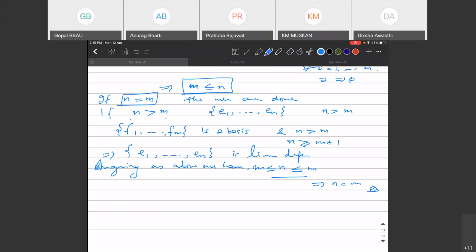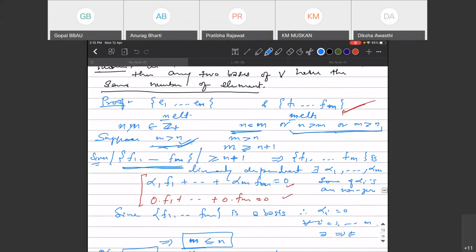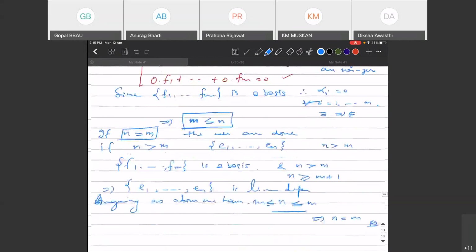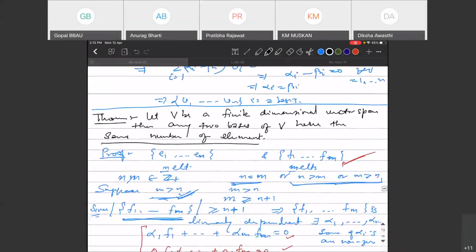So you see, in a vector space you may have more than one basis. But the thing is, every basis contains the same number of elements. So we have seen that a basis has some number of elements.